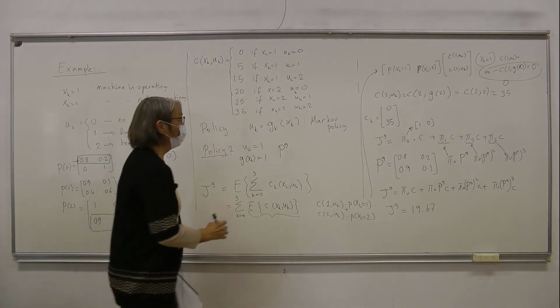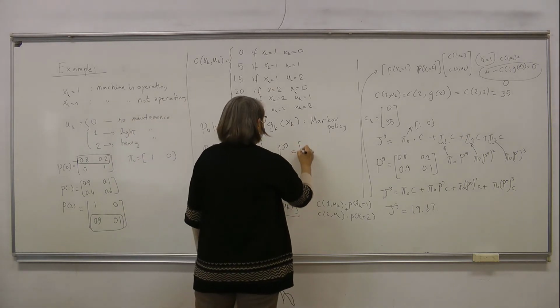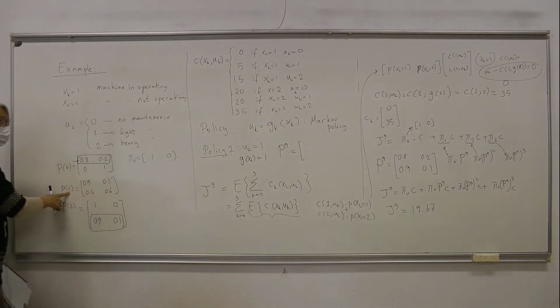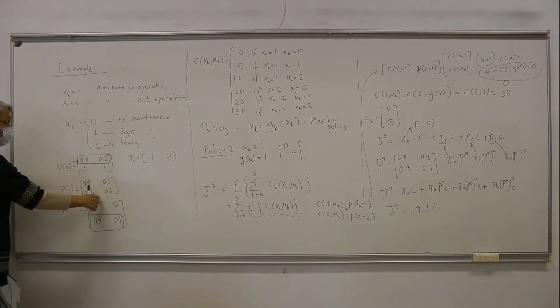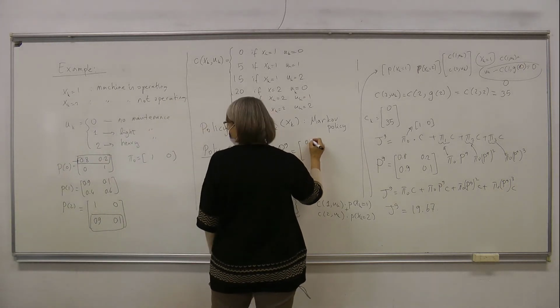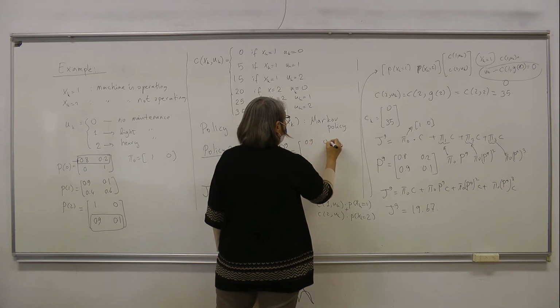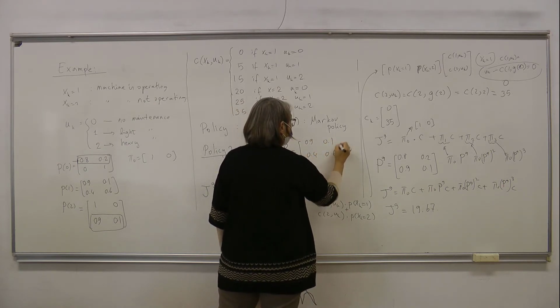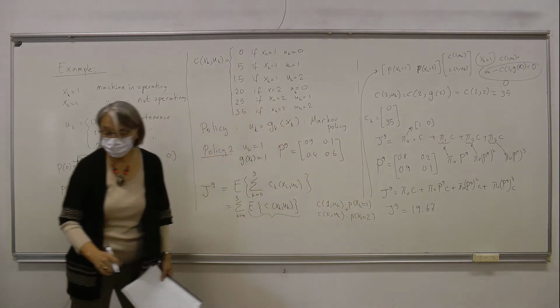And for this new PG, we just know that we are using uk as 1 for all states. So we directly choose this matrix here, 0.6, 0.9, 0.1, 0.4, and 0.6. That is our new PG.